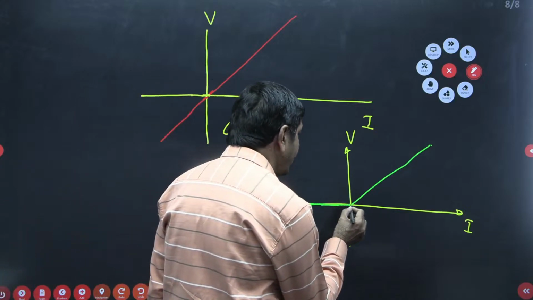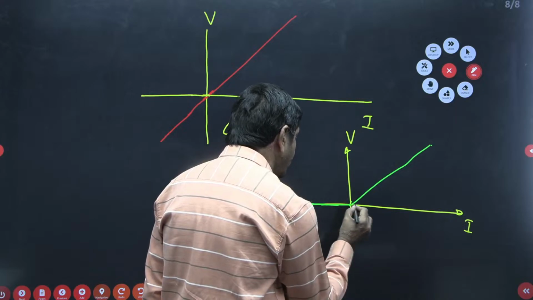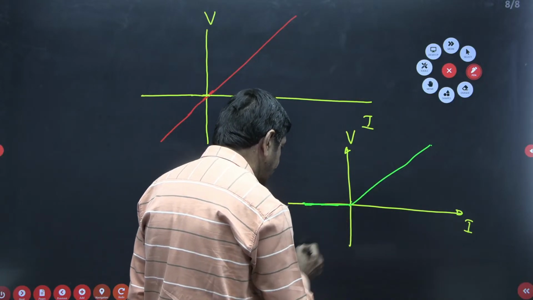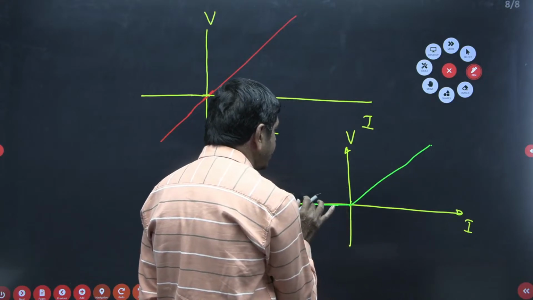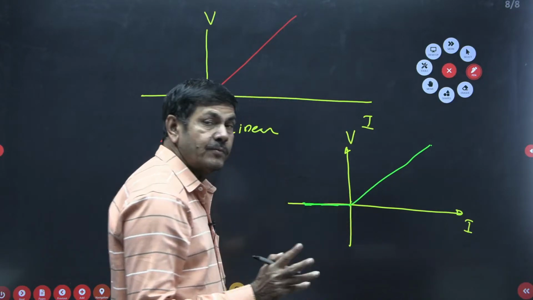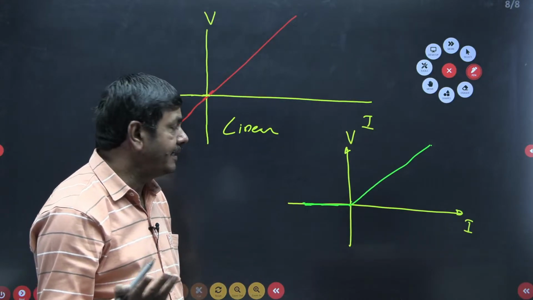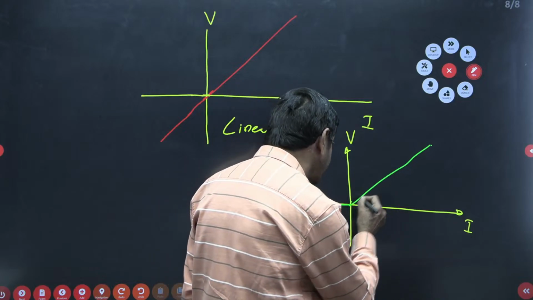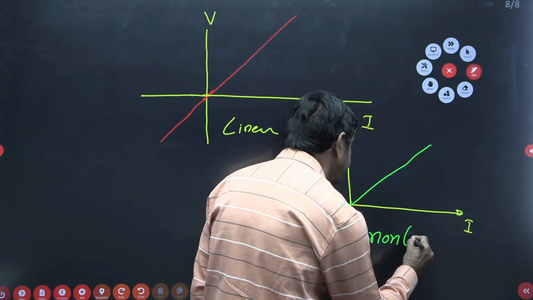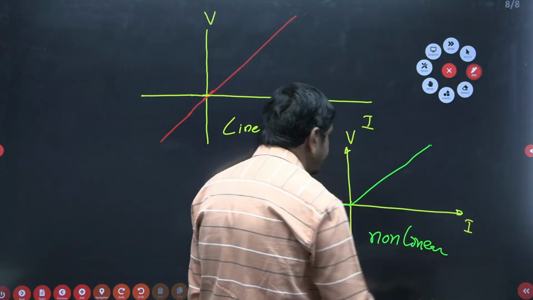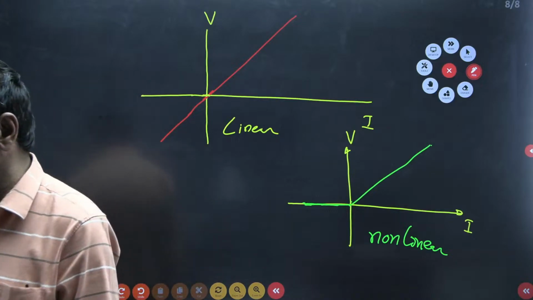One straight line is required. This is one straight line. Next, one more line you got, which is not passing through the origin. Two straight lines we are getting. That can't be said as linear. It is nonlinear only, not passing through the origin. Nonlinear elements can give characteristics in such a way.